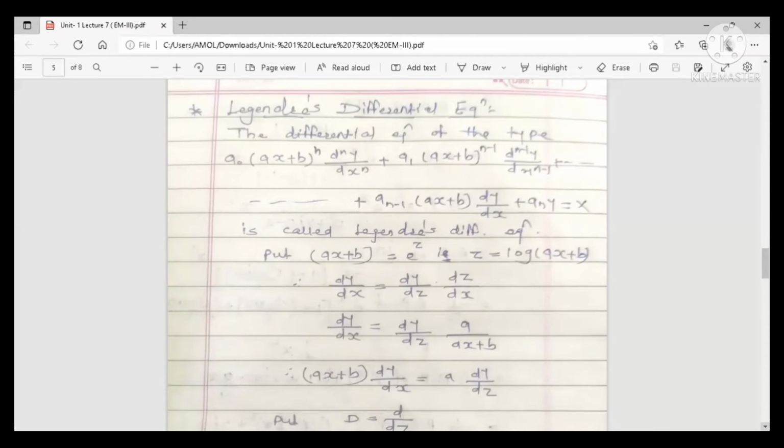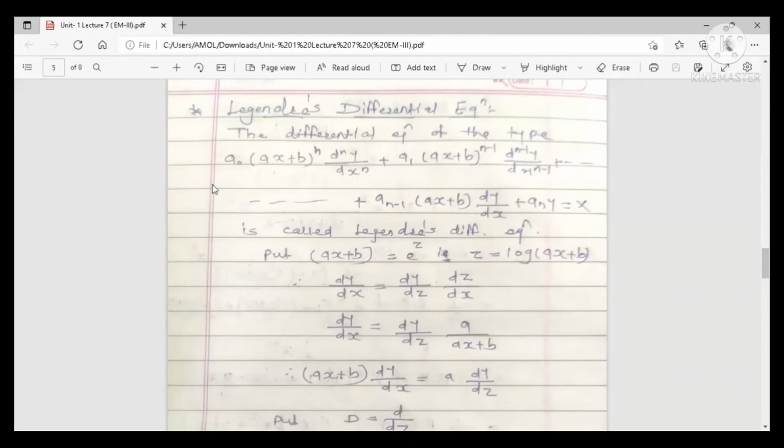The differential equation of the type a0 into (ax plus b) to the power n into d^n y by dx^n plus a1 into (ax plus b) to the power n minus 1 into d^(n-1) y by dx^(n-1) plus up to an y is equal to X is called Legendre's differential equation.